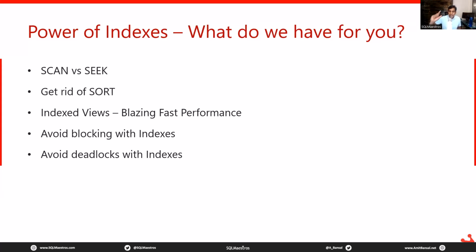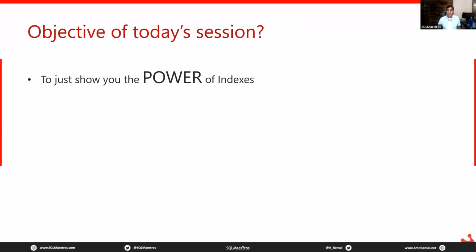All right. Now, these are basically the 5 demo pieces that I have for you today. But today's content is a bit different, as I was mentioning earlier. What is the objective of today's session? What are we trying to do today? To just show you the power of indexes. I am not going to dive deep into how we decide to come up with a certain kind of index, to get rid of hash aggregate, to get rid of the sort operator, to convert a scan into seek.